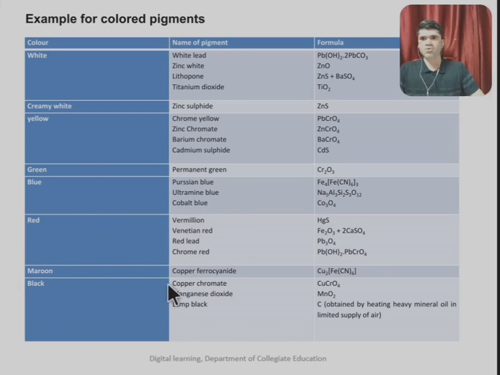And then maroon color, black color. For black color we use copper chromate, manganese dioxide. Lamp black is nothing but carbon. So these are some of the examples for colored pigments. So these are inorganic pigments.